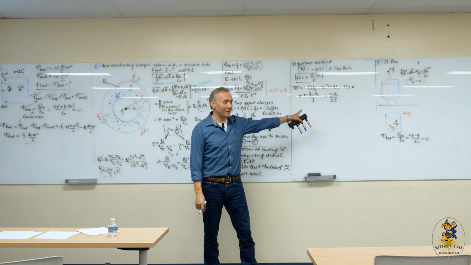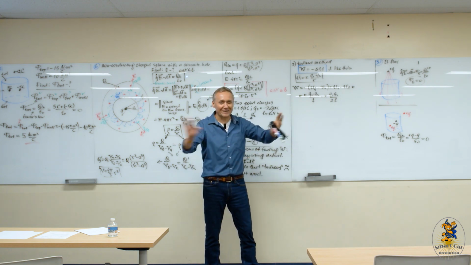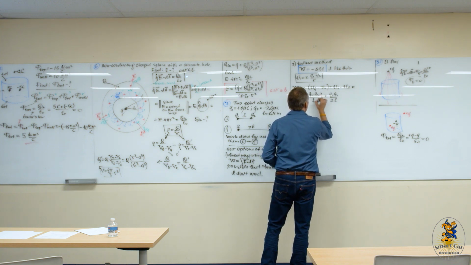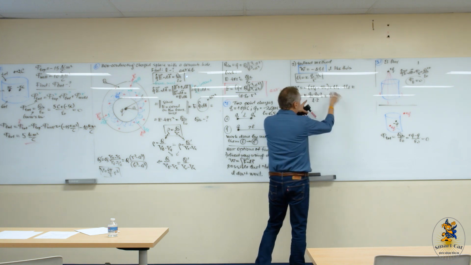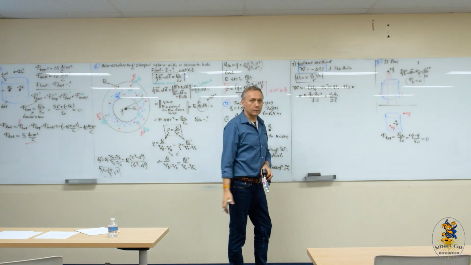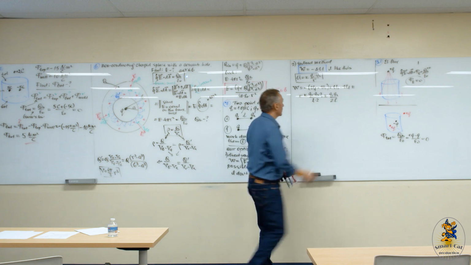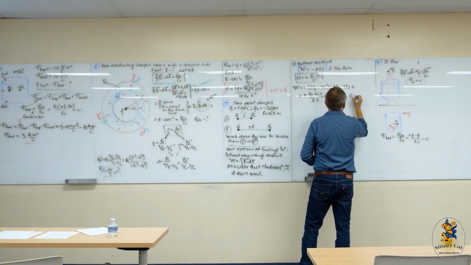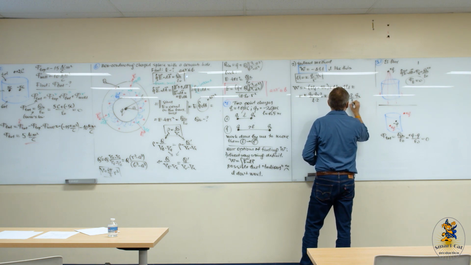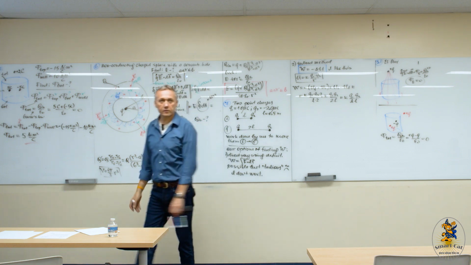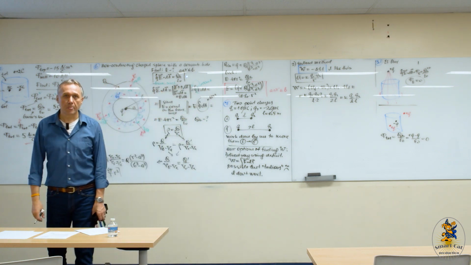Don't start immediately plugging numbers. First simplify it, and only then start plugging numbers. Essentially I can multiply by 2 divided by 2. As a result, it will be K Q1 Q2 divided by 2L. I subtracted two similar terms.